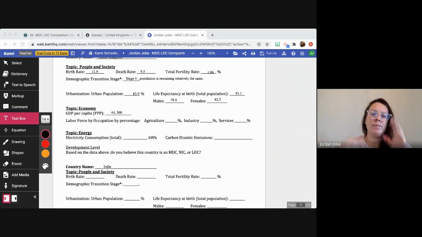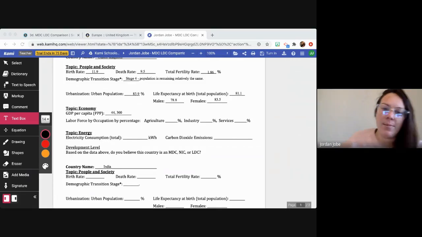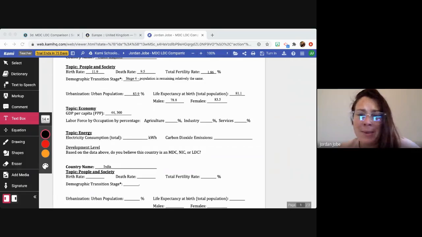Gross domestic product. Absolutely. What is a gross domestic product? It sounds like something that I really wouldn't want to touch if it's gross, but that's not what we're talking about, right? Gross domestic product is how much money a country earns in revenue, how much money they are generating.